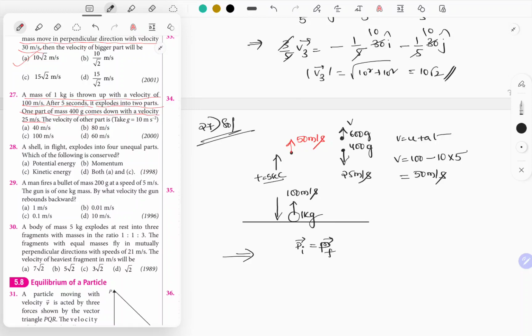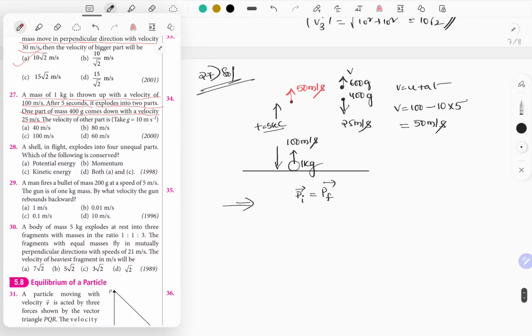So we know the process. Initial momentum means momentum before collision, final momentum means momentum after collision. So initial momentum before collision of the object is the mass of the object which is moving upward, 1 kg, into velocity of the object, 50. As it is moving upward, let me represent it with j cap. Next, final momentum: the object is divided into two particles.